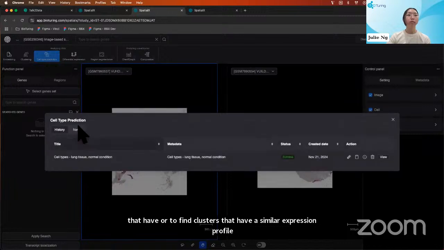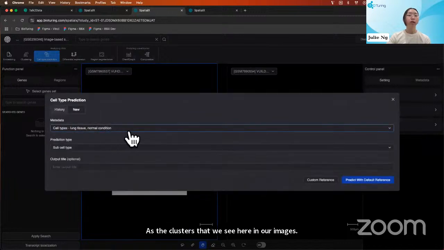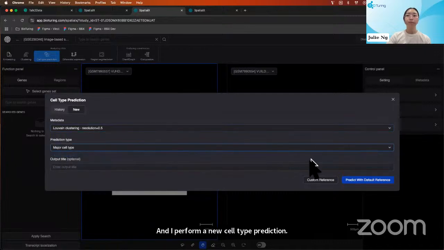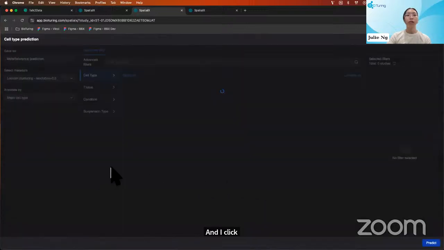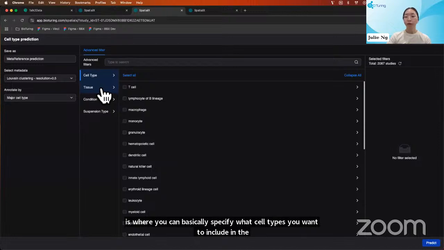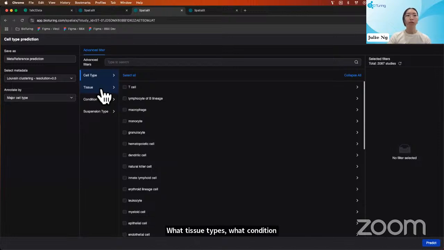So if I open this up and perform a new cell type prediction, I perform it on Louvain clustering and click customize reference. Here is where you can specify what cell types you want to include in the model, what tissue types, and what condition, to make the model a little more specific to your case.